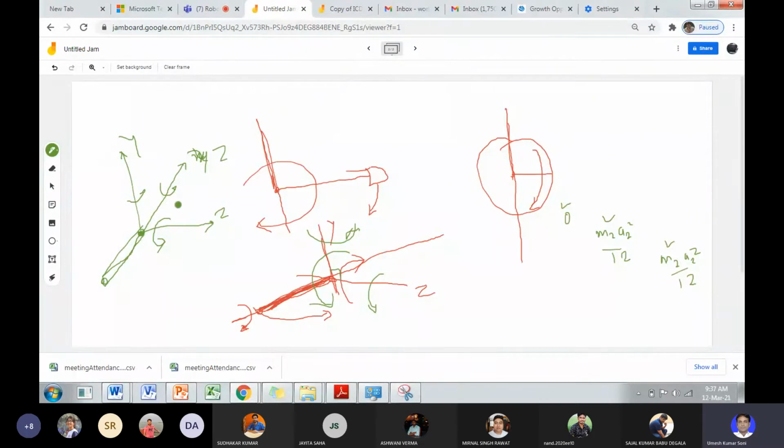When something rotates, only then how will it have inertia? What is the representation of inertia? Inertia is that if you have rotated something and you don't put a force, it will keep rotating in that direction. But if rotation is not possible in that direction, then what is the meaning of inertia?